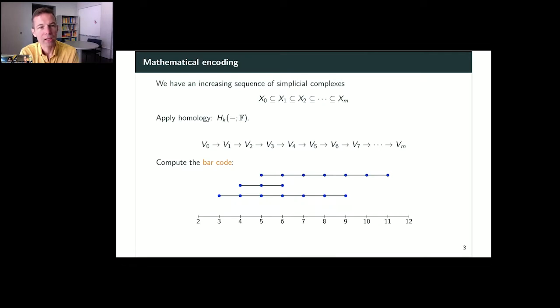All right, so mathematically we encode this as an increasing family of simplicial complexes. We apply homology with coefficients in a field, and because that is a functor, Peter, yes? Just one question. Somebody was asking, what data points are you putting balls around? All of them? So maybe say something about how you're understanding your data set.